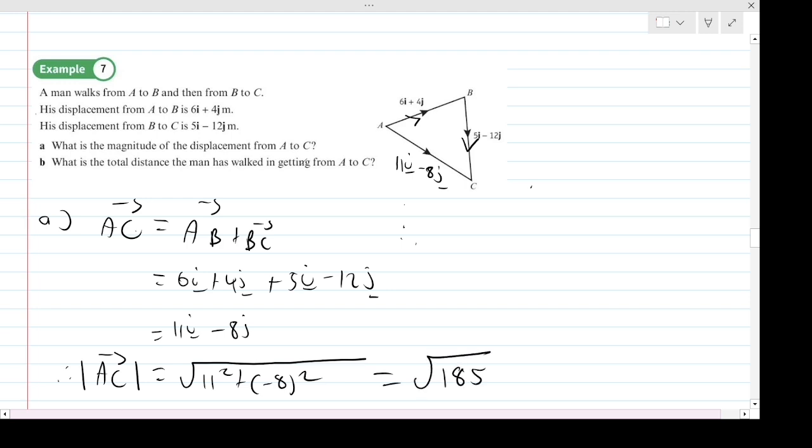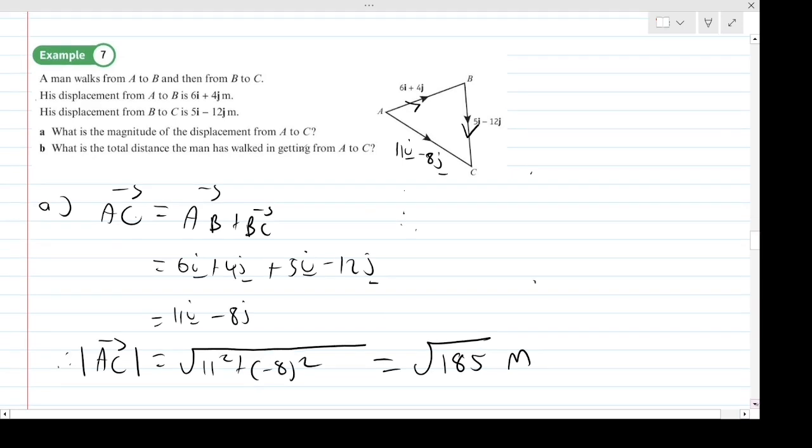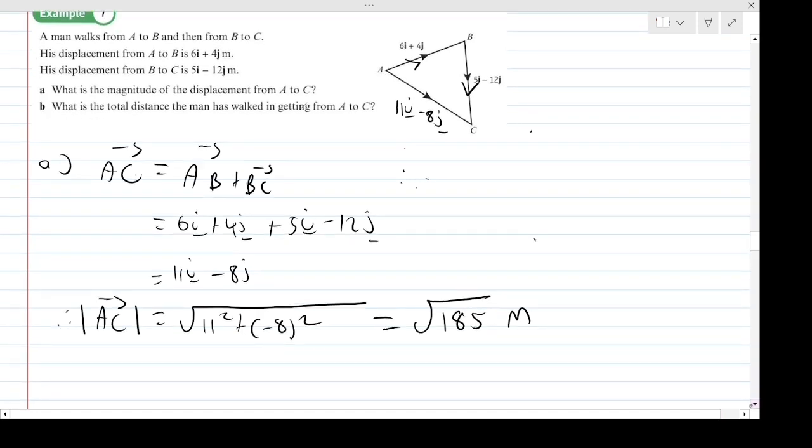And there we are. And that would be in meters, okay? It's a length, it'll be in meters there. And so think about what that's saying as well. If the displacement is this vector, then the distance is the magnitude of the displacement, okay? Which we went over. So that's the distance from A to C.